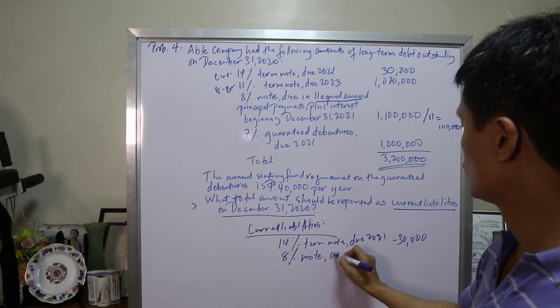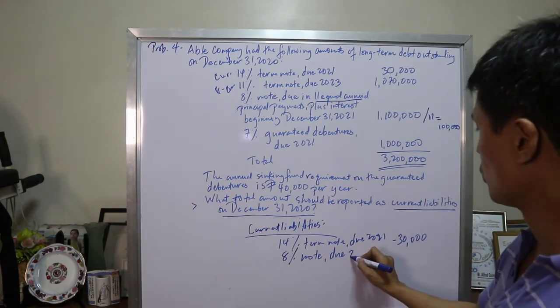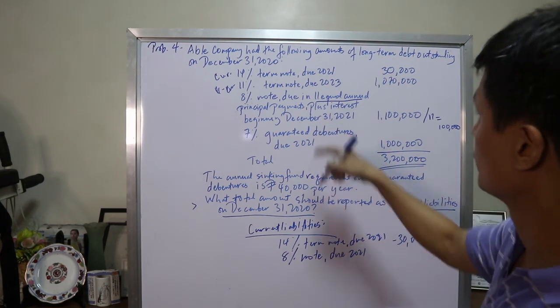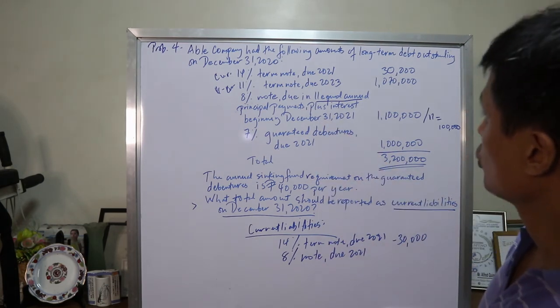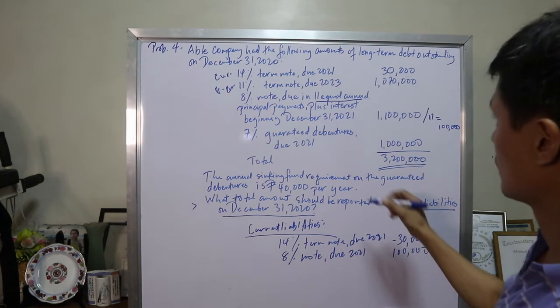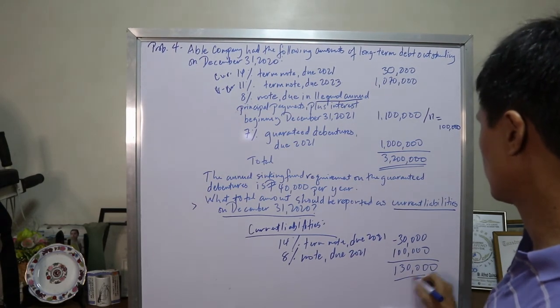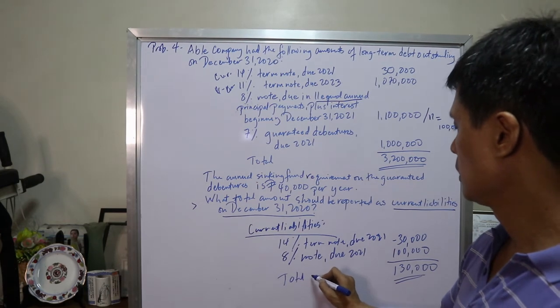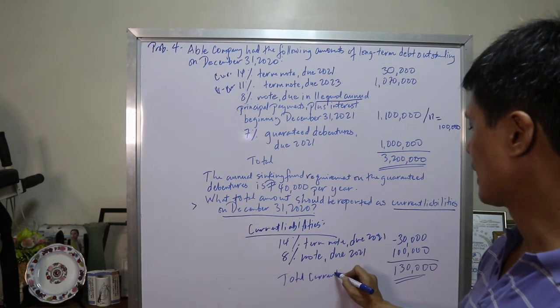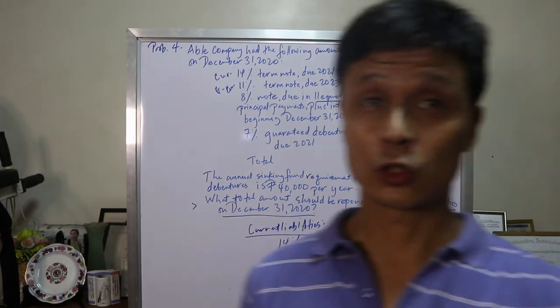The one due now, due 2021, since it starts due in 2021, that's about 100,000. So all the rest is non-current. So just add these two and you have the total current liabilities. So for this one it is 130,000.